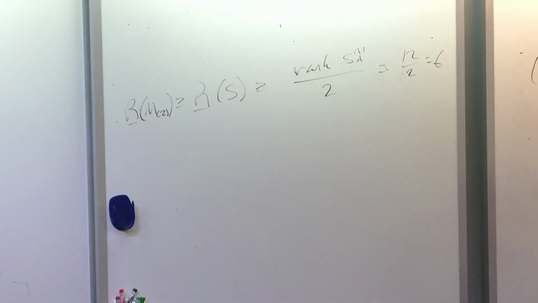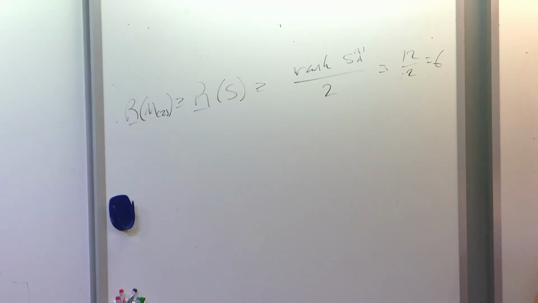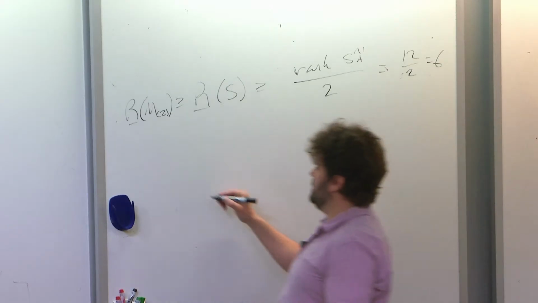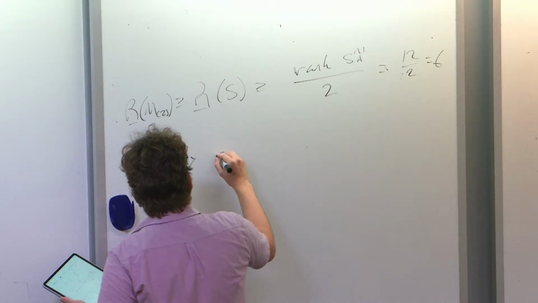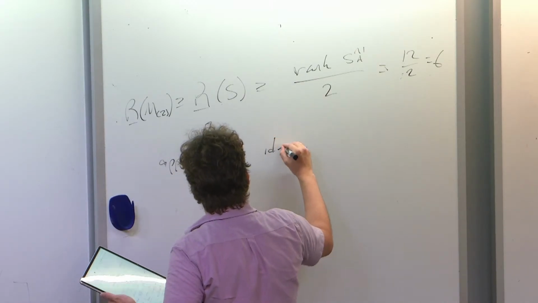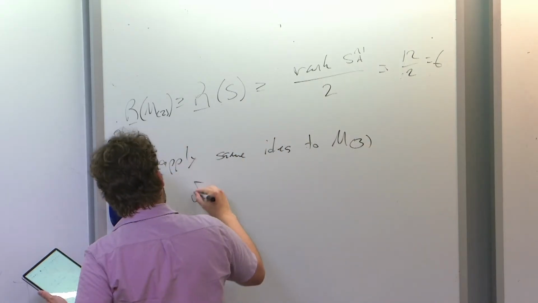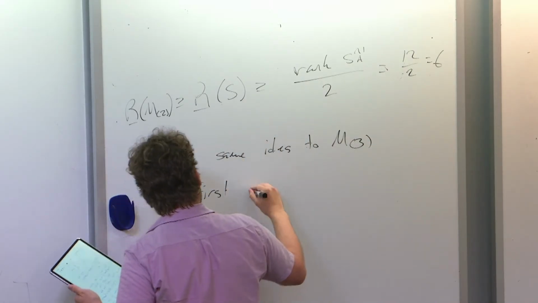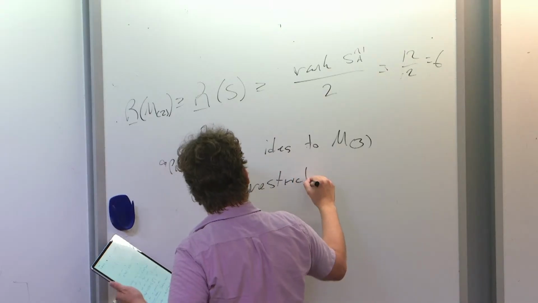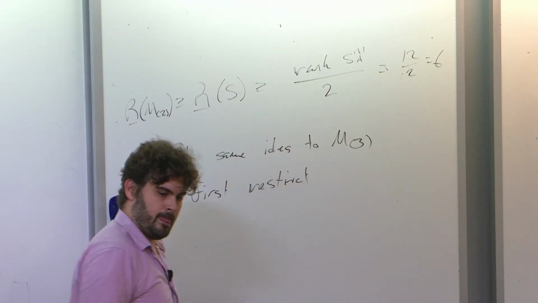Okay. Similarly, we can apply the same idea to, say, the 3 by 3 matrix multiplication tensor. So apply the same idea to M3. First restrict. May I ask a question? Yep.